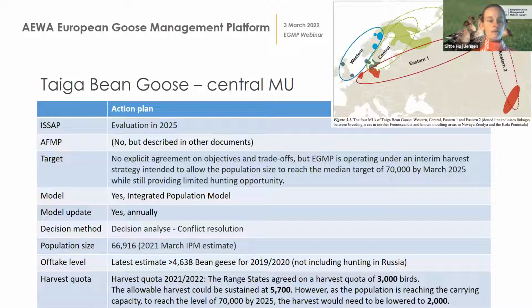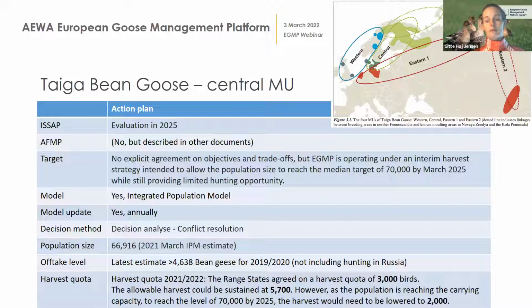The current population size is almost 76,000, which is based on the March IPM estimates. The latest offtake levels, and here we have some issues because it's very hard to distinguish between tundra bean geese and taiga bean geese. So our estimates here are just for bean geese, but they were at least close to 5,000.